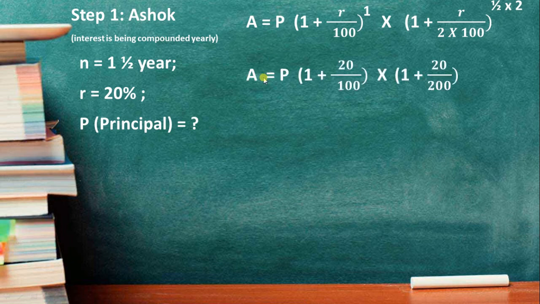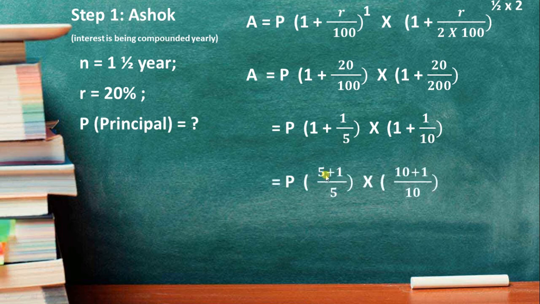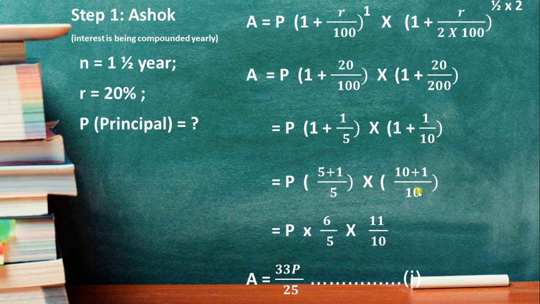After simplification, 20 by 100 is 1 by 5, 20 by 200 is 1 by 10. So it results as 5 plus 1 by 5 into 10 plus 1 by 10. You can simplify and note down the amount in terms of P, that is 33P by 25. Mark it as result number 1.